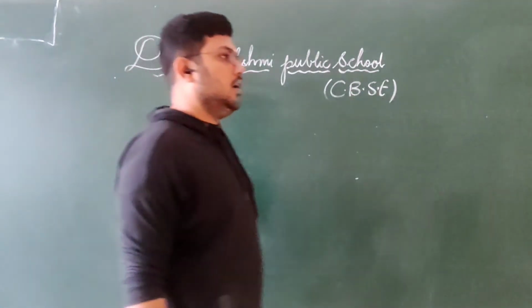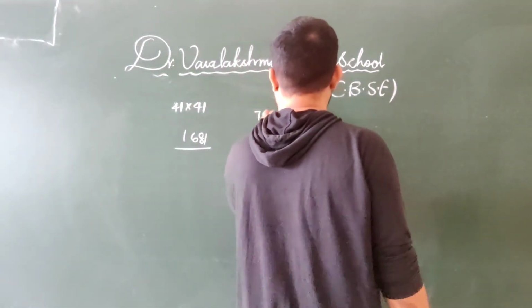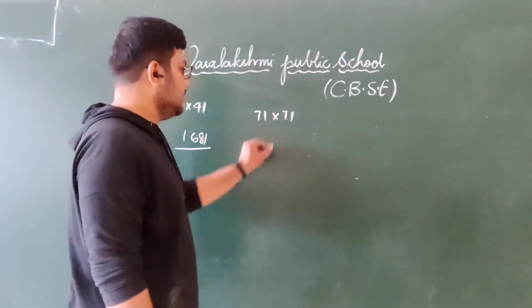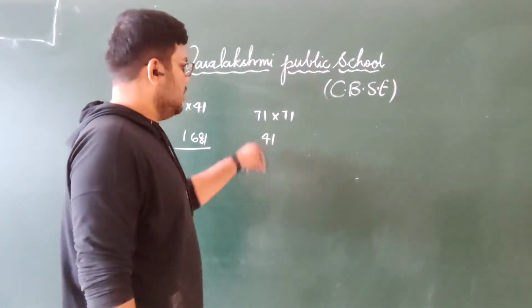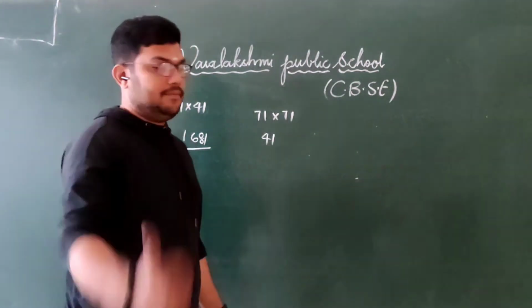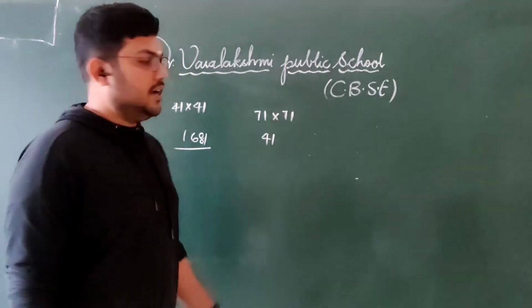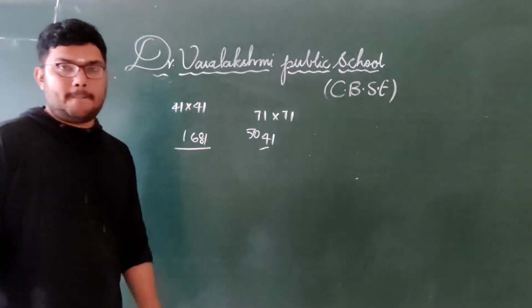Next, take one more example, 71 into 71, right? So 1 here, 7 plus 7, that is 14. Keep in mind, 1 will be carried. 7 times 7 is 49. 49 plus 1, it's 50. So the answer will be 5041.